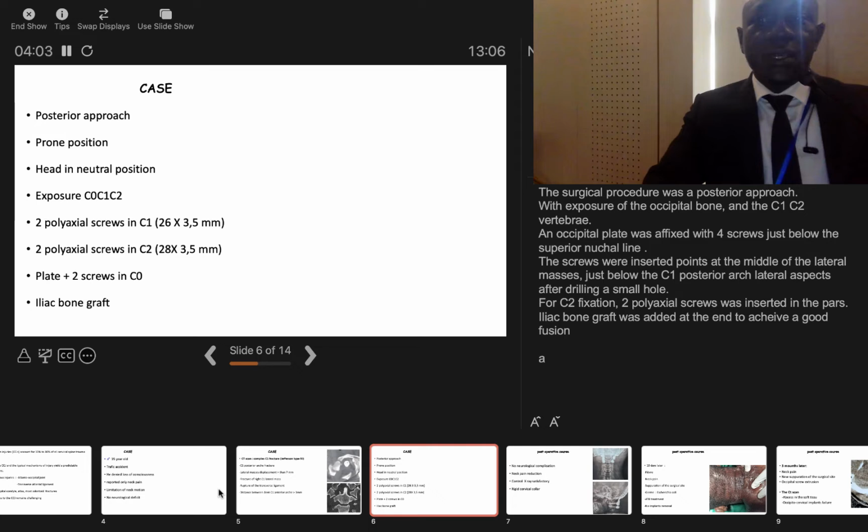An occipital plate was fixed with 4 screws just below the superior nuchal line, and the screws were inserted at the middle of the lateral mass, just below the C1 posterior arc lateral aspect, after drilling a small hole. For C2 fixation, 2 polyaxial screws were inserted in the pars, and iliac bone graft was added at the end to achieve a good fusion.